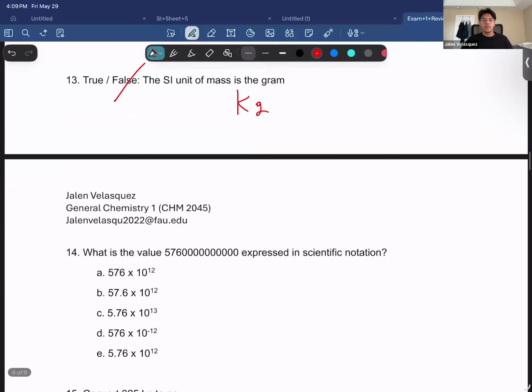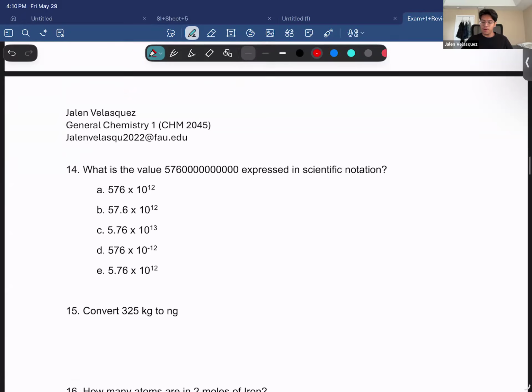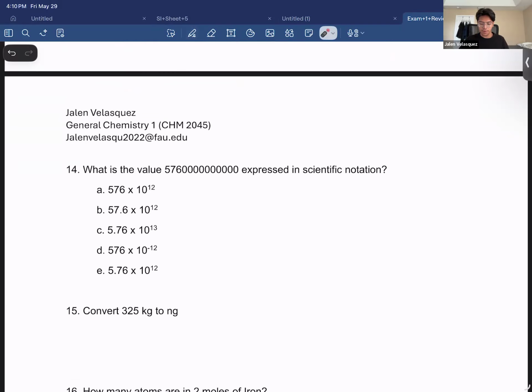All right. So I kind of spoke about scientific notation a little bit earlier, but I'll give you some time to work on this one. What is the value 576 with a million zeros expressed in scientific notation?